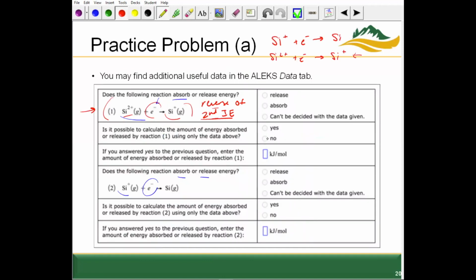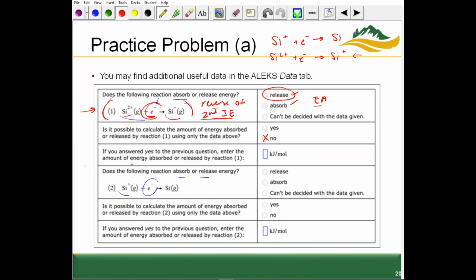So we can't actually calculate this, but can we think about whether energy is being released or absorbed as the reaction is written? When we add an electron, will we expect energy to be released or absorbed? When we're adding back an electron, we expect energy to be released because that electron is stabilized by the positively charged nucleus.